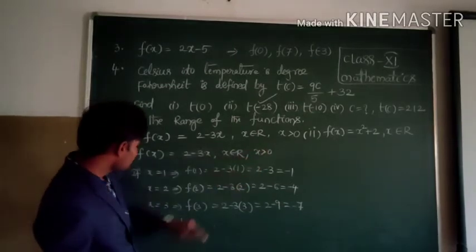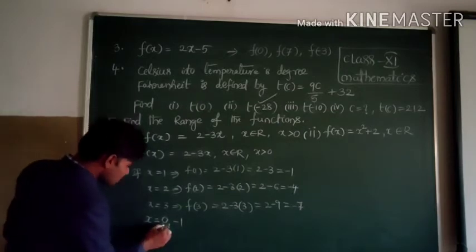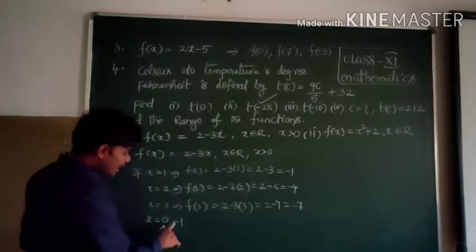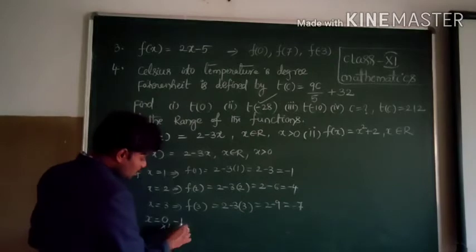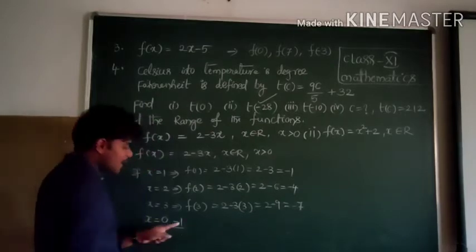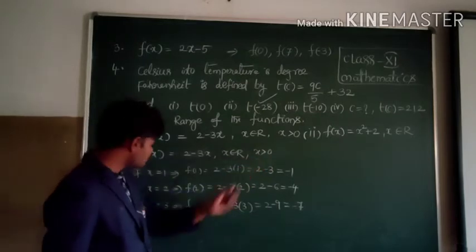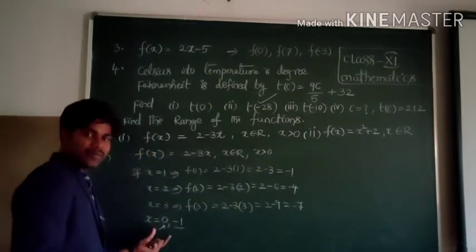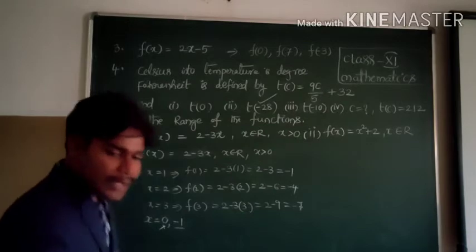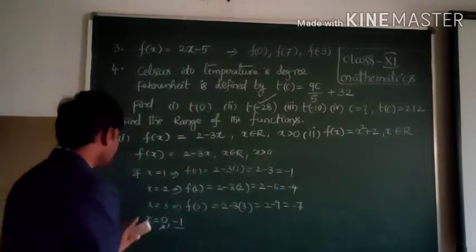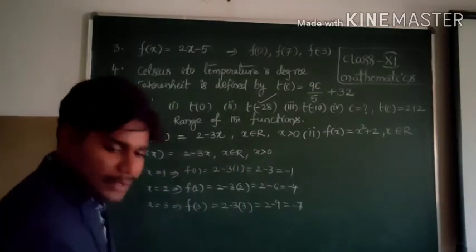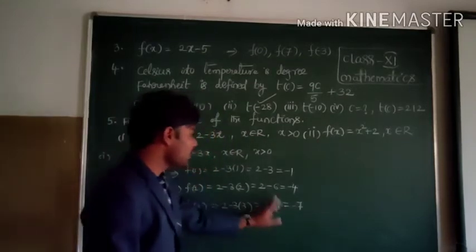Minus 1 is less than 0, so these values should never be considered. If you take any value for x, you will get negative values based on this.